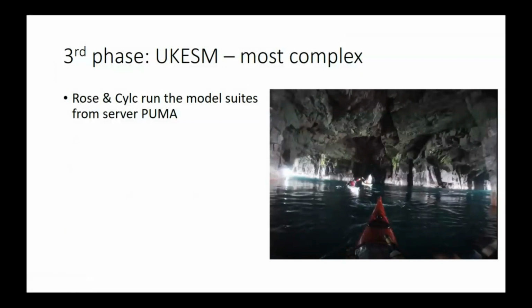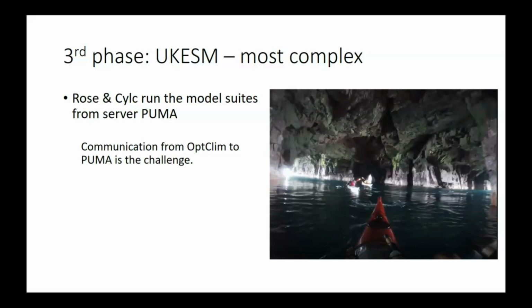UKESM uses systems called Rose and Cylc, which I'll say a little more about in a moment, and runs these from a server, Puma. So to clone a model and to run it, you need the commands to execute on Puma. And the difficulty is that communication from OPTCLIM to Puma is a challenge.